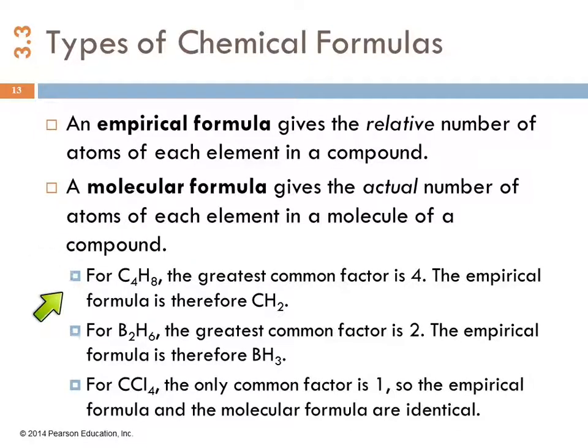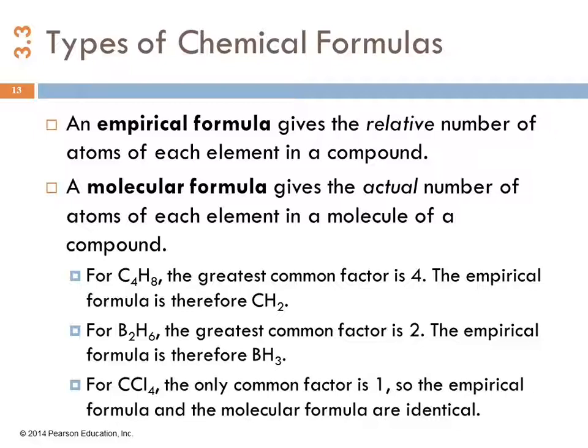So let's look at some examples, because that probably didn't make much sense. If we have this compound, C4H8, this is a molecular formula telling us that one molecule has 4 carbons and 8 hydrogens in it. That's the molecular formula, the actual number of atoms of each element in one molecule. The empirical formula gives us a ratio, and it's like a fraction, and we're going to reduce the fraction.